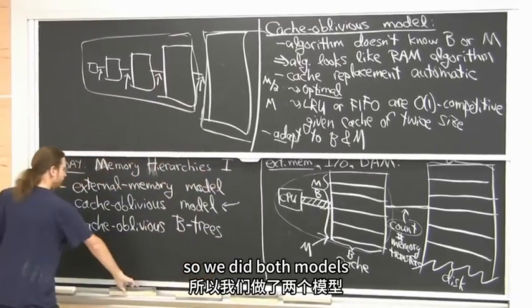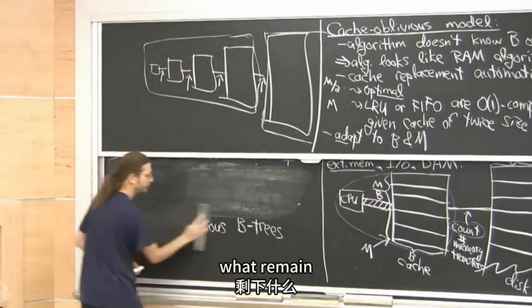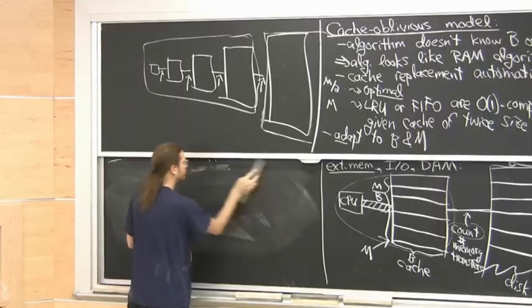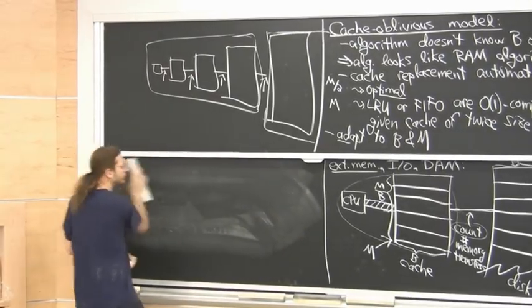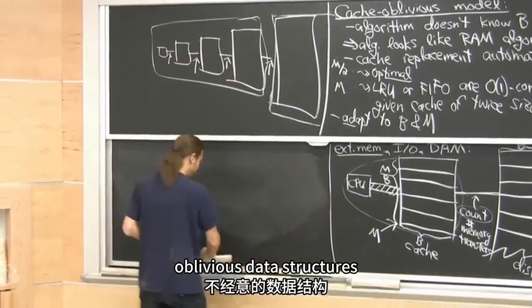So we did both models. Cache oblivious B trees, what remains? This was the first result in cache oblivious data structures.